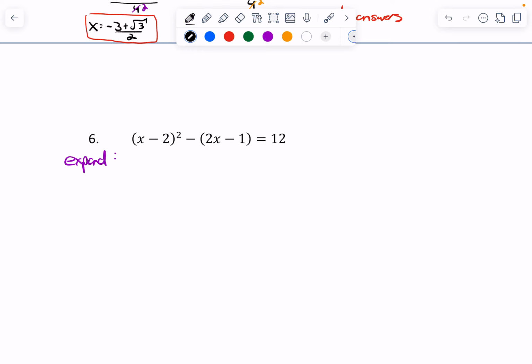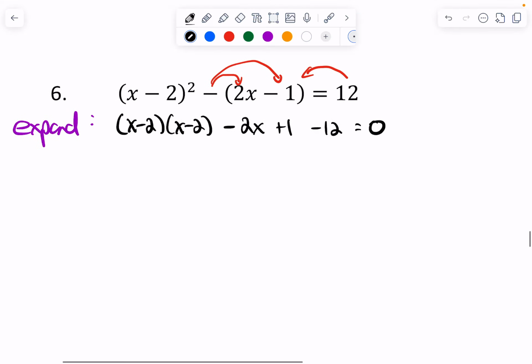So expanding this out, that becomes (x minus 2)(x minus 2), I should rewrite the bracket twice, minus, and then we can put the negative and distribute it in, so that becomes minus 2x, distribute the negative to that negative 1, that becomes plus 1, and let's bring the 12 over to this side of the equation, because again we want it equal to 0. Minus 12 equals 0. Alright, so we did a lot in that first step there.